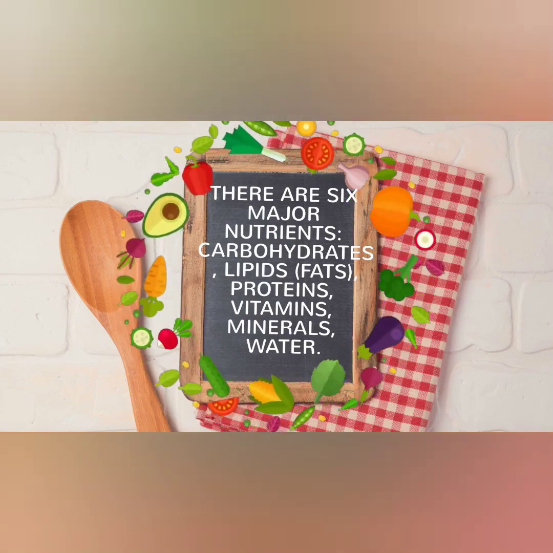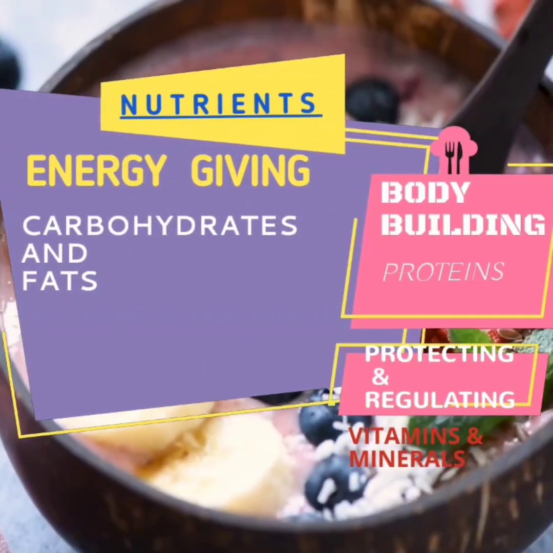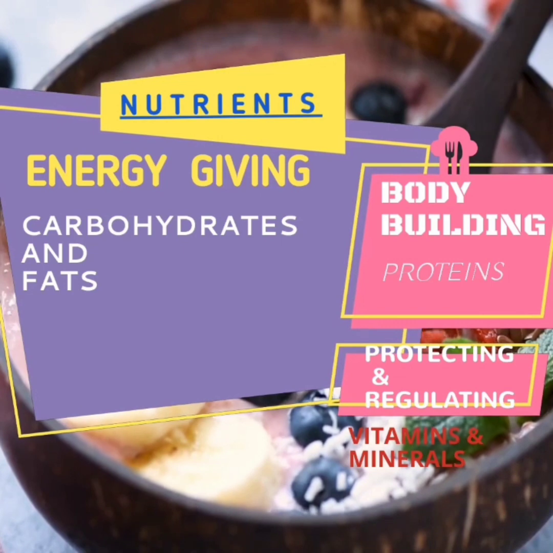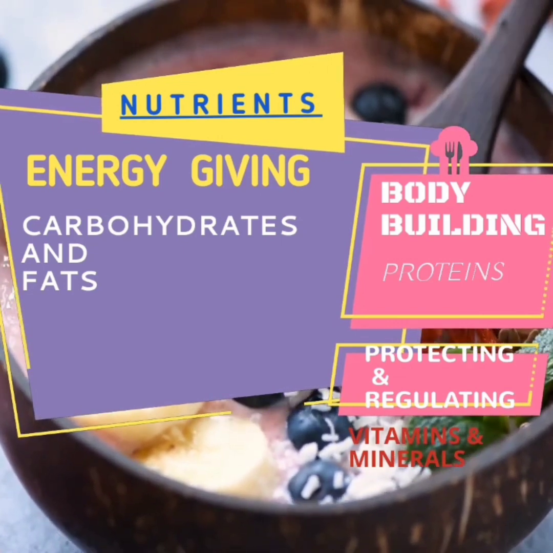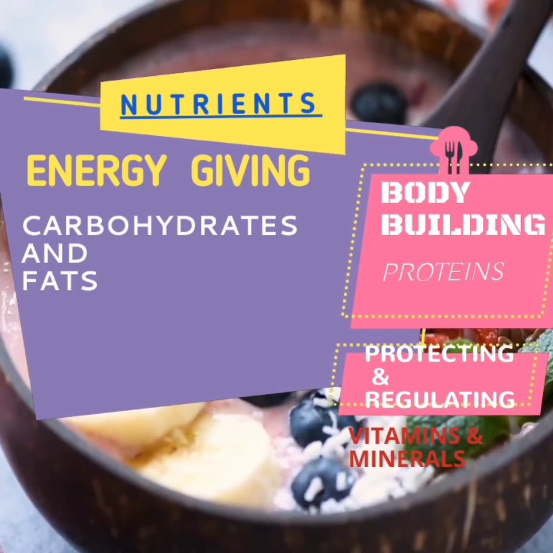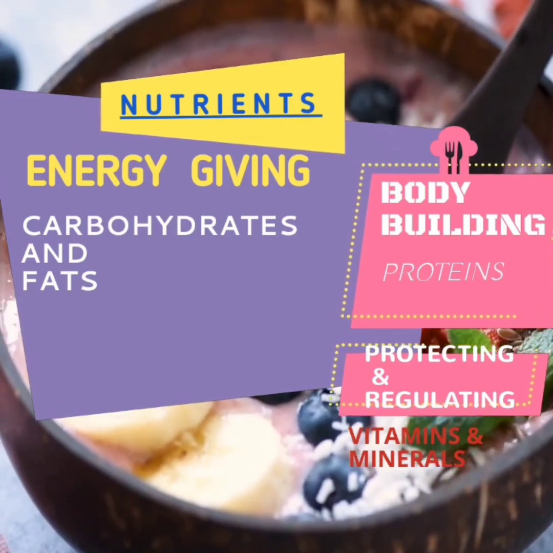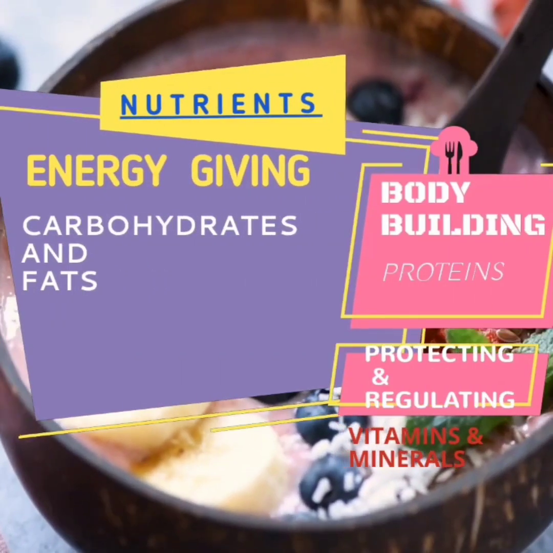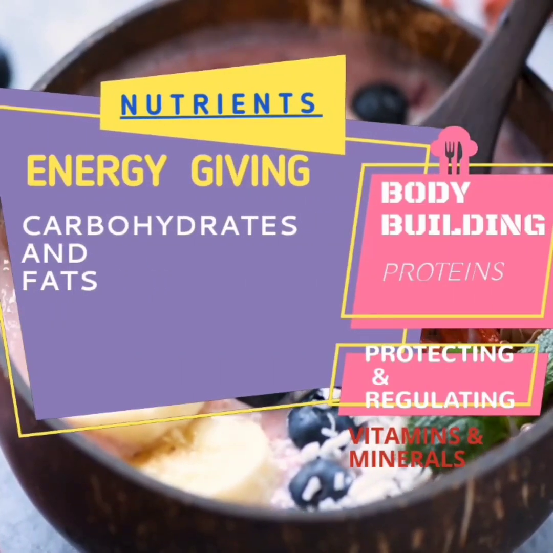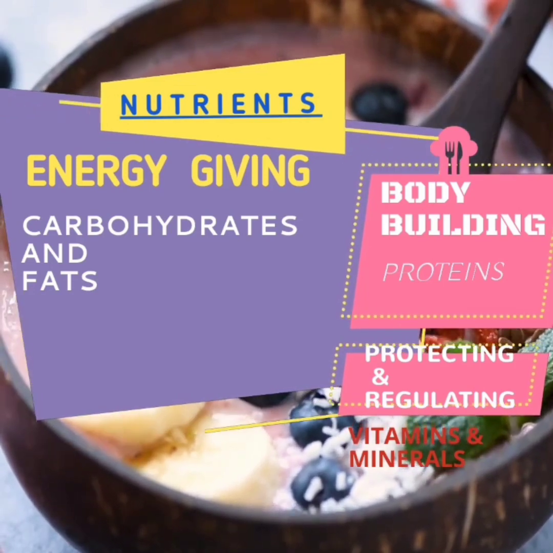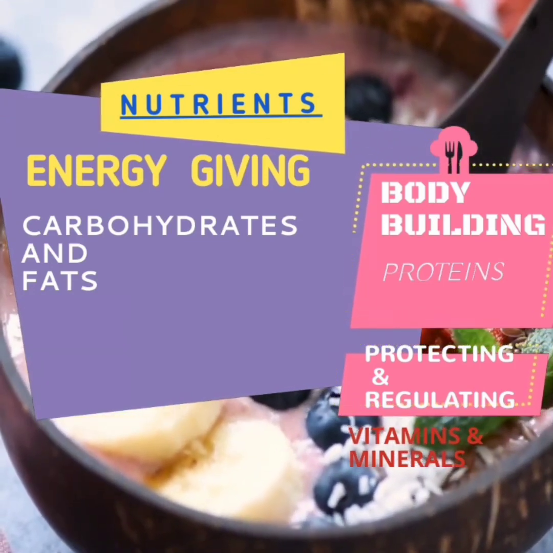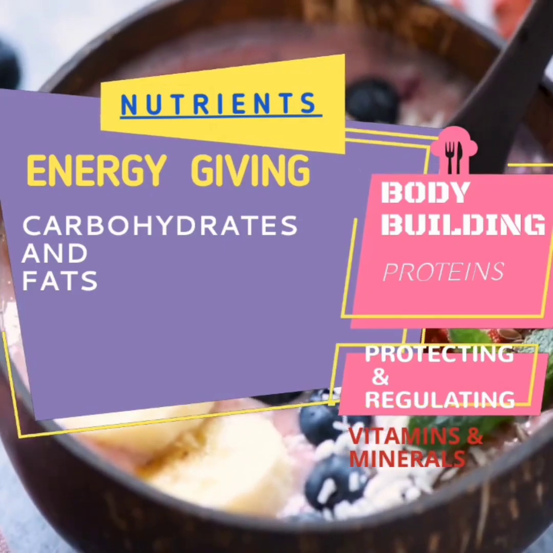So nutrients are of 3 types. Energy giving nutrients include carbohydrates and fats. Body building nutrients include proteins. Protective and regulating nutrients include vitamins and minerals.